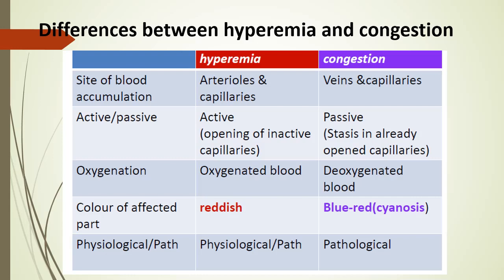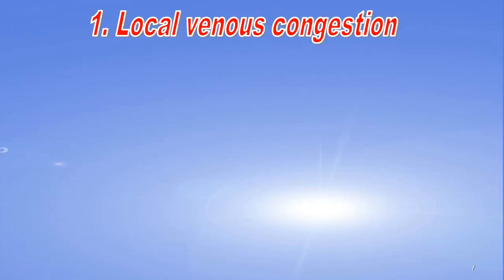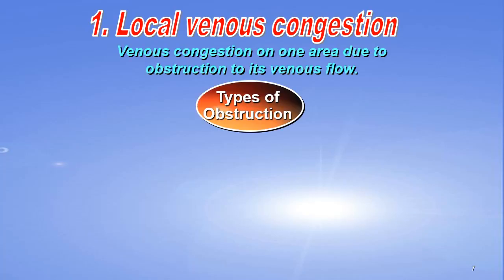And in case of congestion, the tissue appears blue-red in color, cyanosis, especially apparent in the lips, due to engorgement with deoxygenated blood. According to the causes, hyperemia may be physiological or pathological, but in case of congestion, the cause is only pathological.